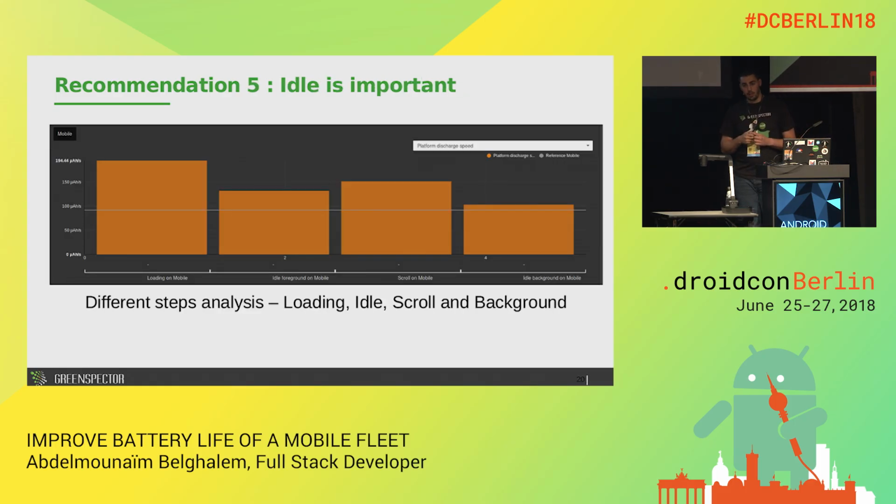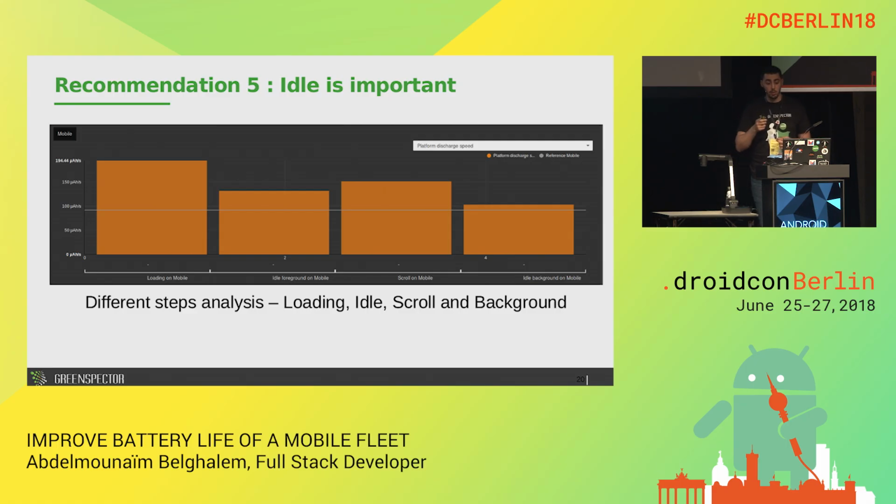When the application is built, it's not over yet, because you have to try to see which part of the application is consuming more. And of course, saying that the loading of the application is consuming more energy doesn't make it so simple, because the loading happens once, twice a day, maybe 3 times a day if there are 2 blocks in the day. But the idle parts are the ones that are always running.